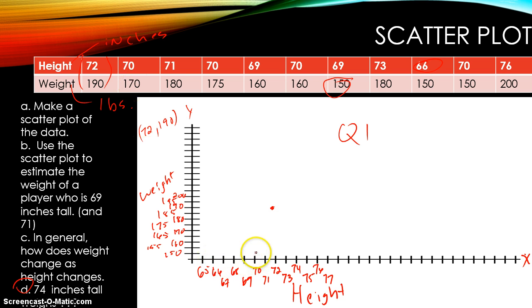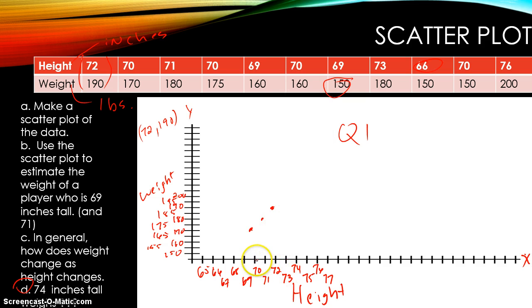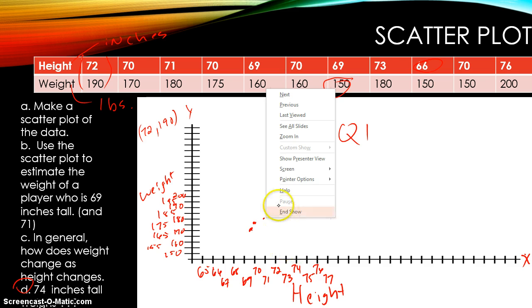So 70 and 170, 71 and 180, 70 and 175, 69 and 160.